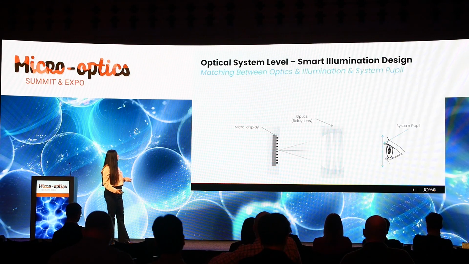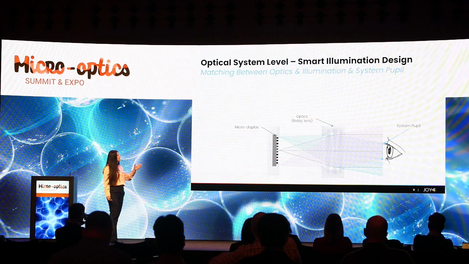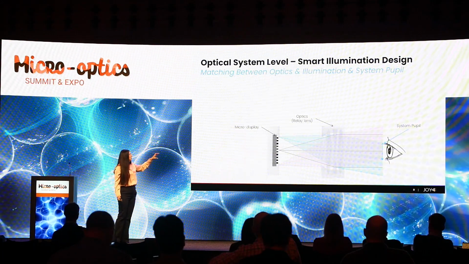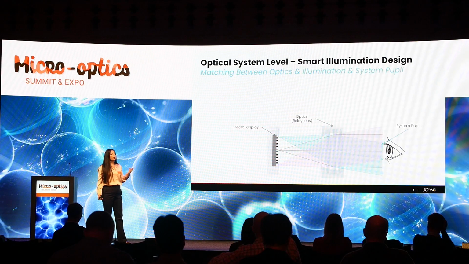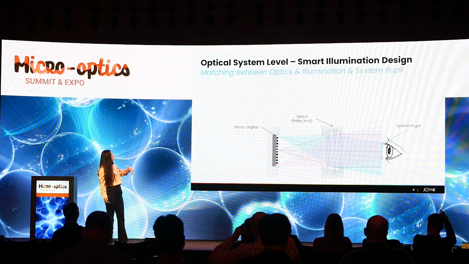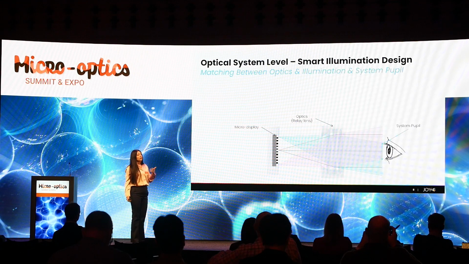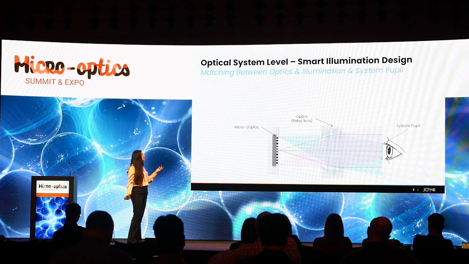In general, different points of the micro display go through the optics and reach the system pupil, and you can see here that only the blue area is the effective system pupil, because there you see the whole field of view. A lot of light misses this area, because in other areas you will see only a partial field of view and not the full field of view, and that's very wasteful.